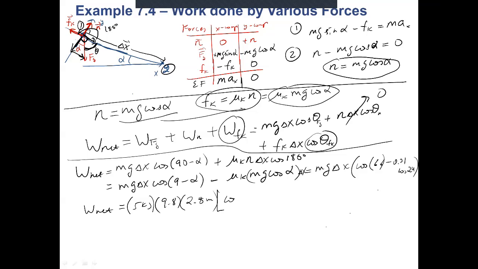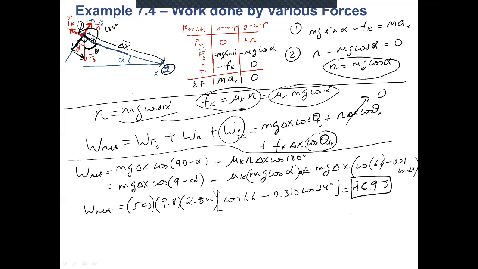So I have cosine of 66, because this was cosine of 90 minus alpha, then minus 0.310, which is the coefficient mu k, then times cosine of alpha. Remember, this is from the normal force, and alpha was 24 degrees. I can calculate this to get a total of 16.9 joules. So positive 16.9 joules.